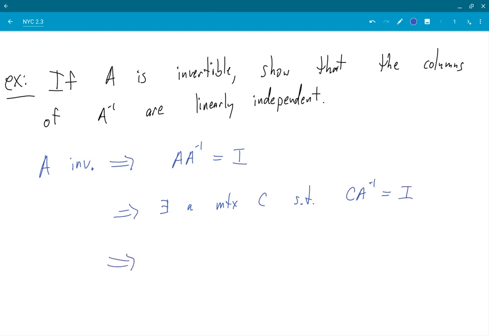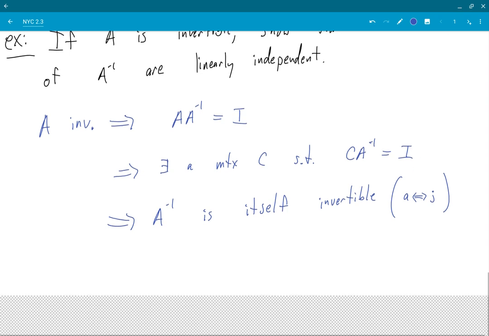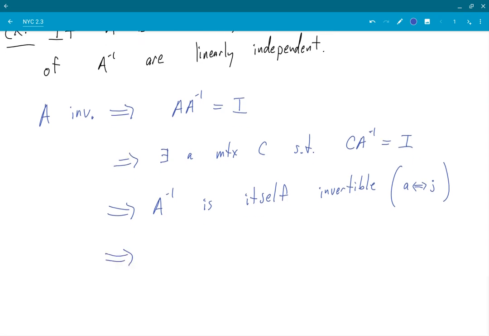But this tells me that A inverse is itself invertible. Because A is equivalent to J. Okay, but now I know that A inverse is invertible.